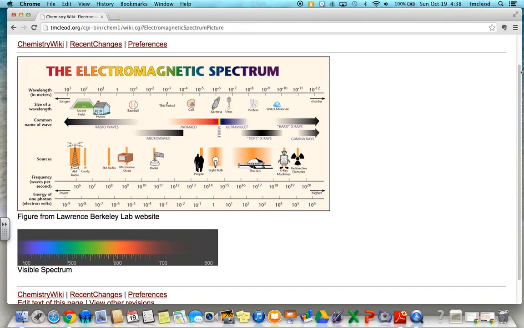And the big thing you need to realize, and these units are in nanometers, is that the colors don't create equal distances between 400 and 700. They're at different wavelengths in nanometers.